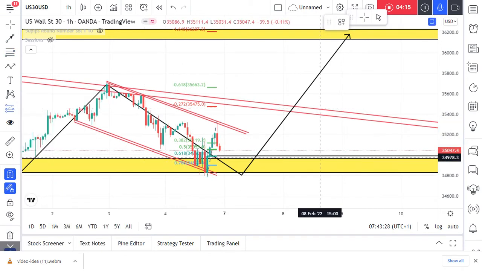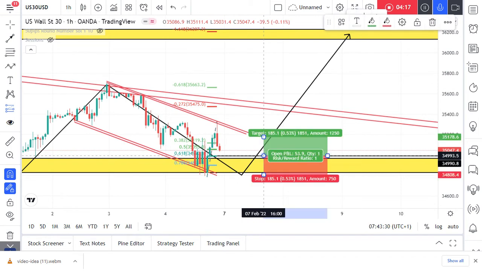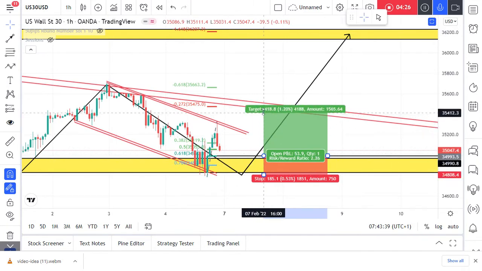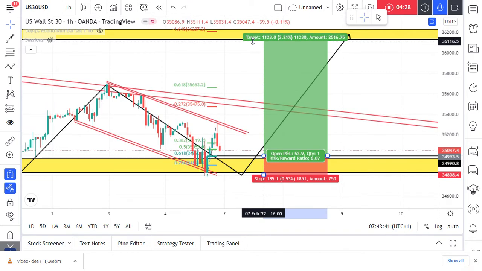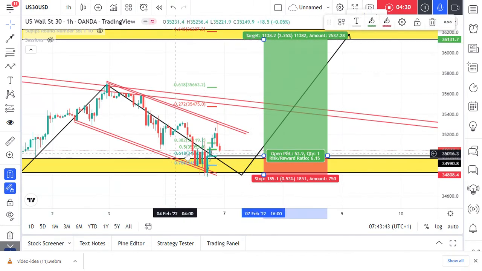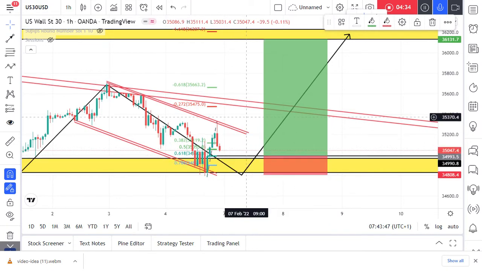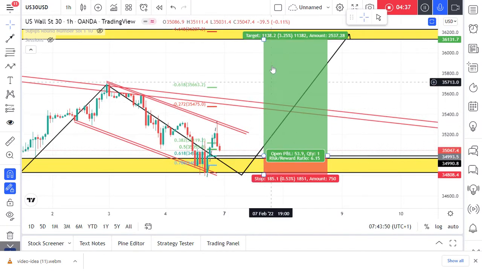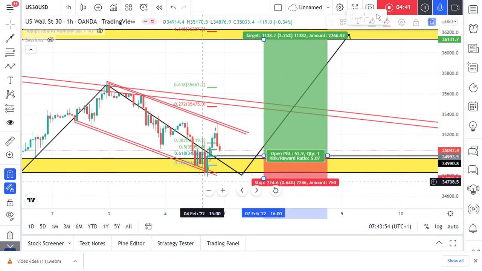Then I will wait for price to do its thing, allow price to drop down to the level and most likely go below the level. Once price returns and closes above the 0.618 fib retracement level, I will take my first position, and I'll have my stop just a few pips below this area.